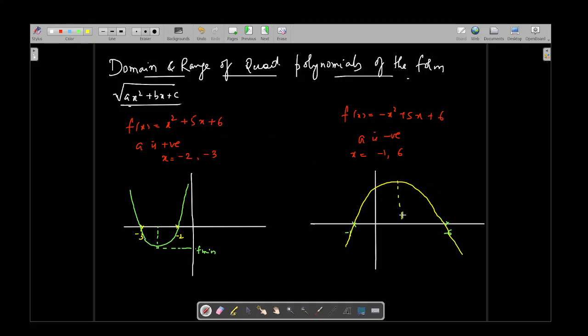It attains some maximum point here, f max. From here it goes down to -infinity. So this is how a curve looks whenever a is positive and whenever a is negative.